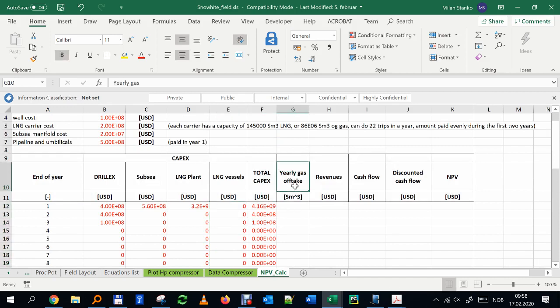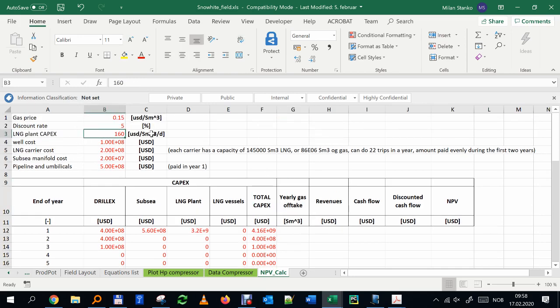Gas offtake, how much I took that year. But for the LNG plant, since we're saying it's at maximum flow rate, shouldn't that be based on the number of wells that we have? So we're not going to have the maximum from the first year, it's going to be up to the third. No, simply that's how much it costs to get the plant for 20 million, a plant that has to be able to take 20 million.